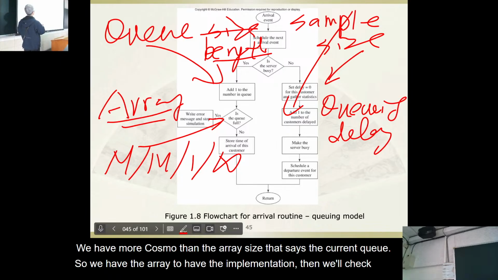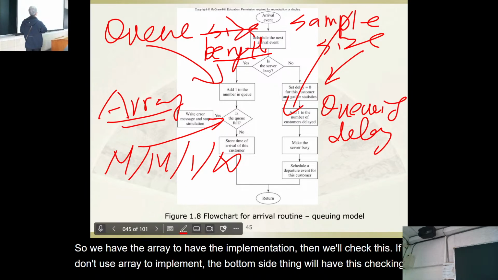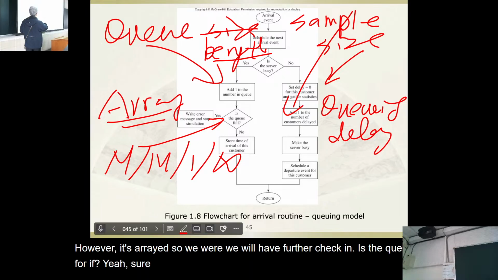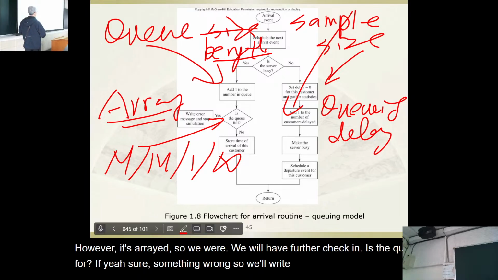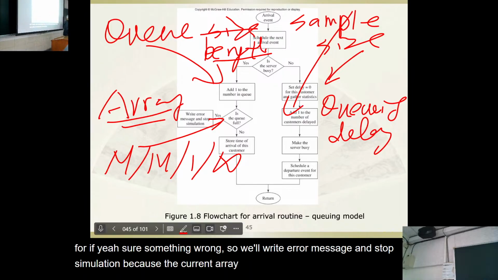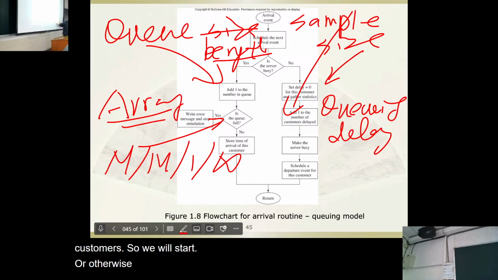If you don't use an array to implement the buffer, then we won't have this checking. However, it's an array, so we will have the checking. Is the queue full? If yes, something is wrong, so we will write an error message and stop the simulation because the current array size is too small to accommodate all customers. Otherwise, no problem, so we will store the arrival time of the current customer and return to the main program.